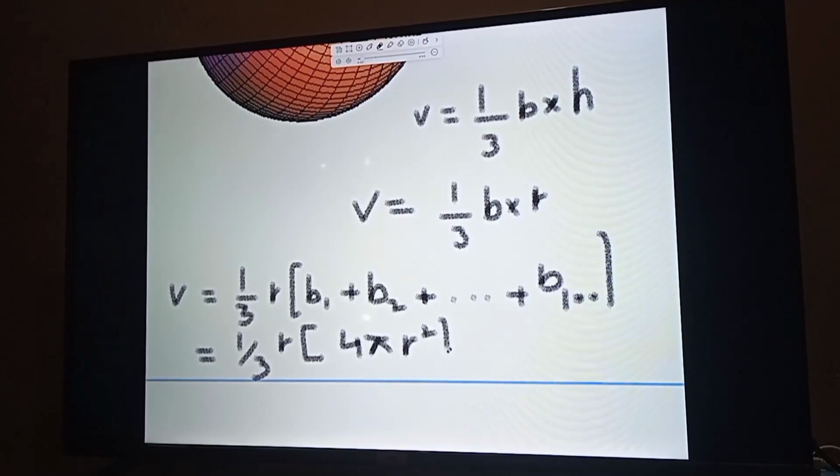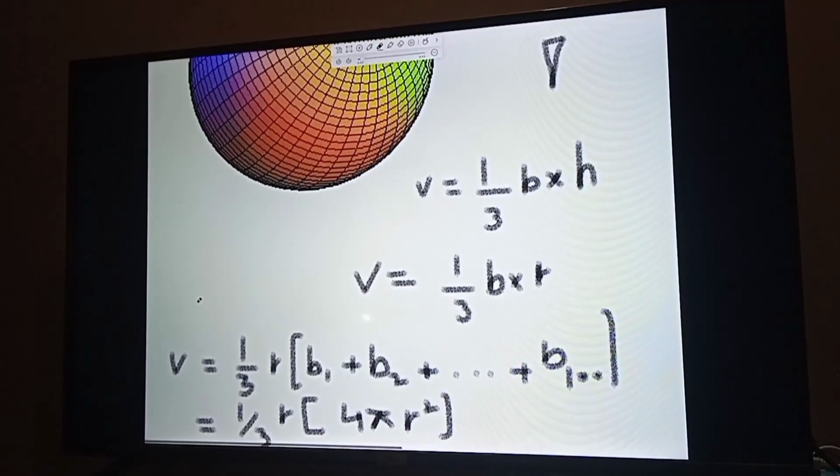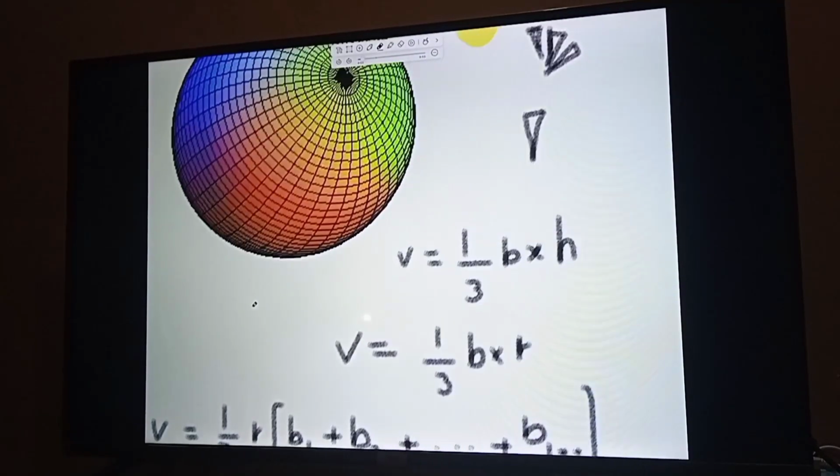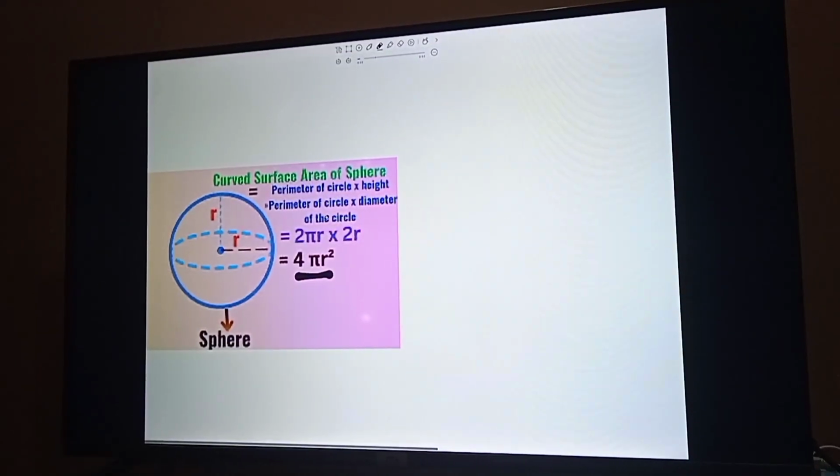So hence the volume of the sphere is derived from the volume of the pyramid by incorporating the surface area of the sphere.